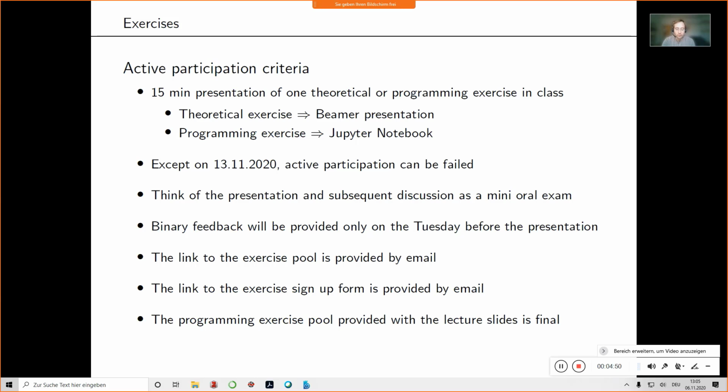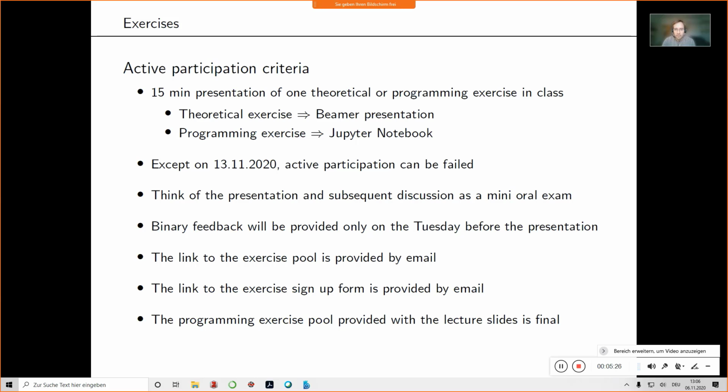Both groups of students who want to complete the course need to submit honest solution attempts for all programming exercises. And the data science students, in addition, need to present one theoretical or one programming exercise in class, meaning in this exercise session. And the presentation should be maximally 15 minutes, not longer.